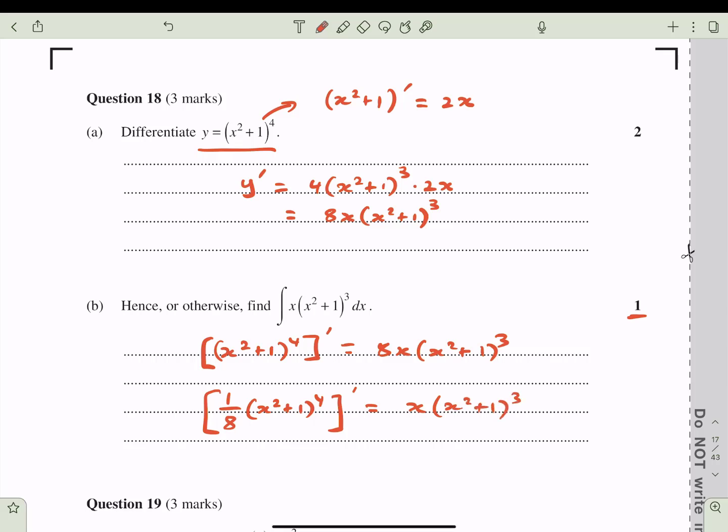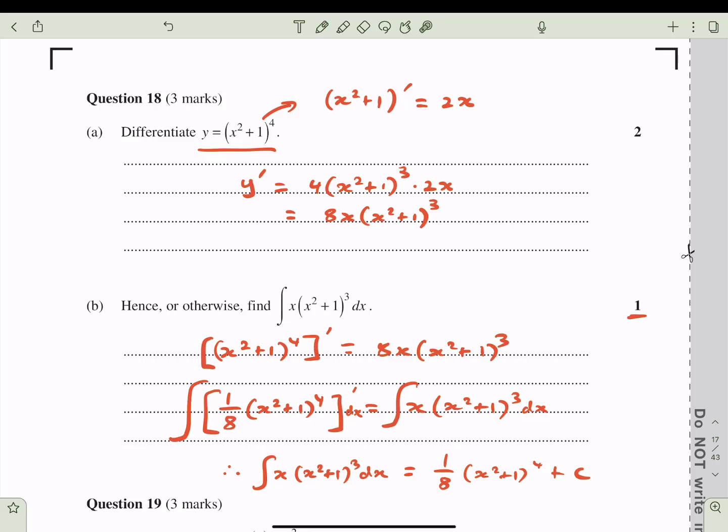Now if we integrate both sides, since integration is the antiderivative, the reverse process of differentiation, I can therefore say the integral of x times (x squared plus 1) to the power of 3 dx is equal to 1 on 8 times (x squared plus 1) to the power of 4, plus c.